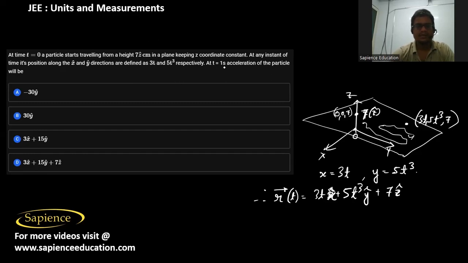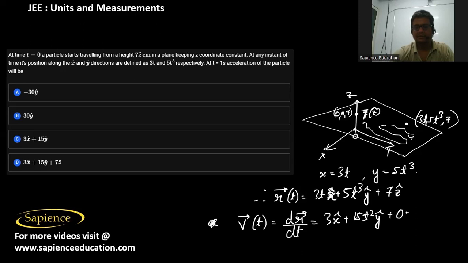So at t equal to 1 second, what will be the acceleration of the particle? First we have to find the velocity at any time t, that is equal to dr by dt. So that will be equal to 3 x cap plus 3 fives are 15, 15t square y cap plus 0 z cap. And then acceleration at any time t is equal to dv by dt. So that will be equal to 0 x cap plus 2 15s are 30, 30t y cap plus 0 z cap.